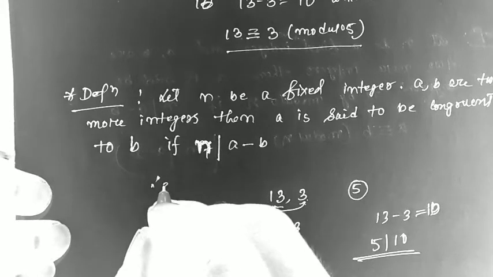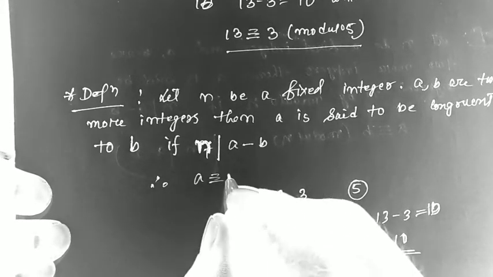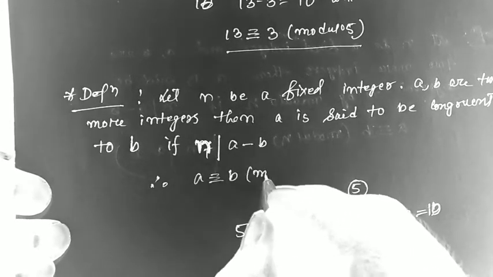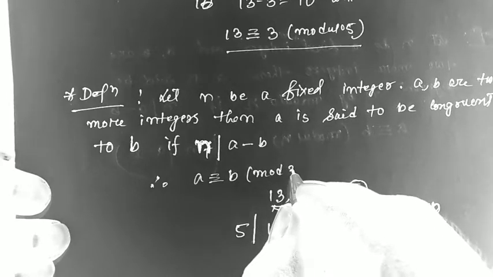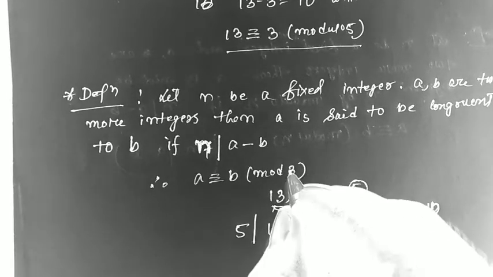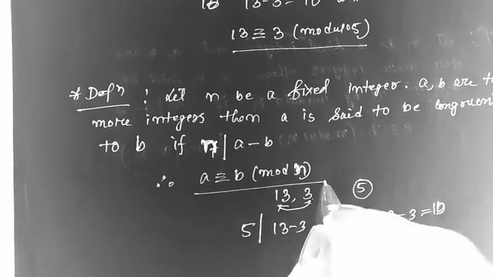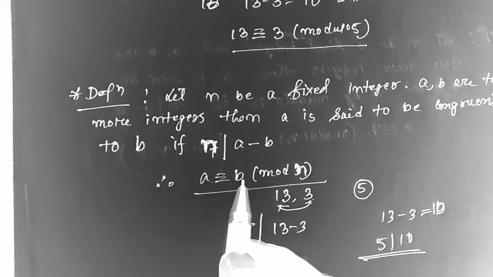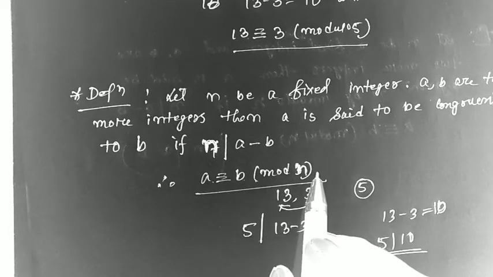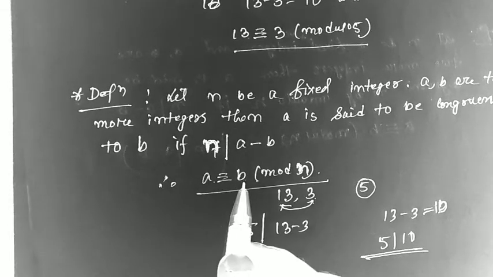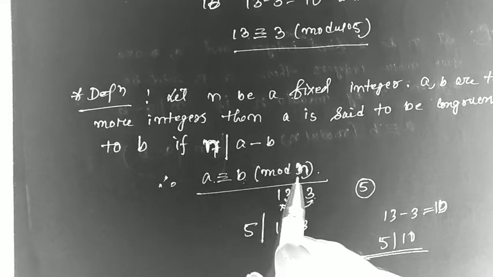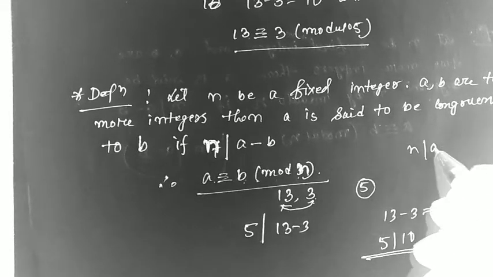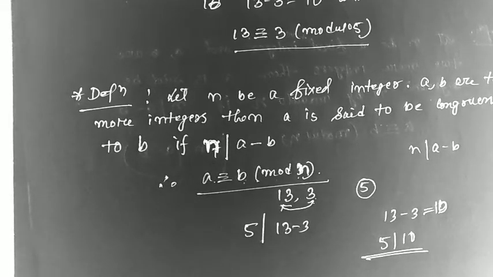Therefore we can write a is congruent to b modulo n. This is the definition. That means if a and b are two integers and n is a fixed integer, then a is said to be congruent to b with modulo n when n divides a minus b.